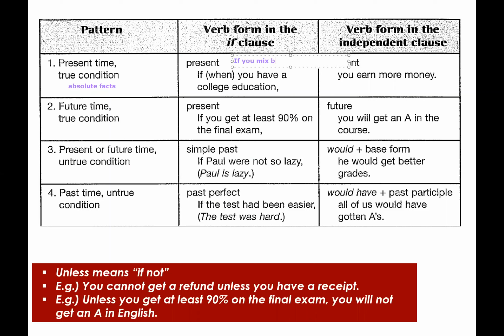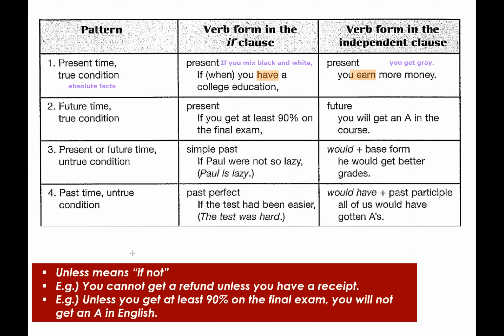If you mix black and white, comma, you get gray. So that is a fact. And as you can see here, mix and get, they are both in present simple tense, like in the example given here, have and earn.